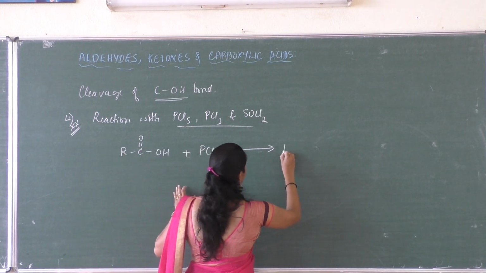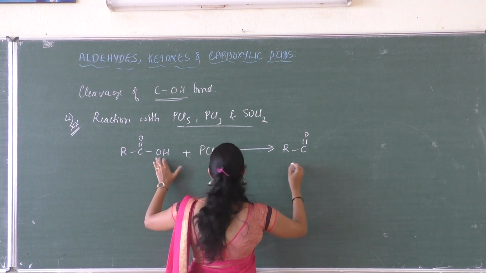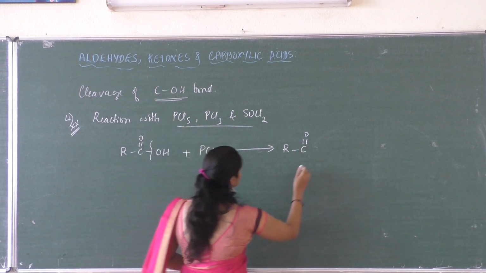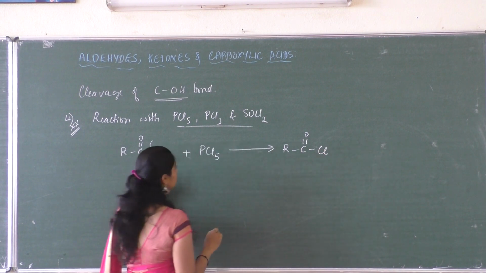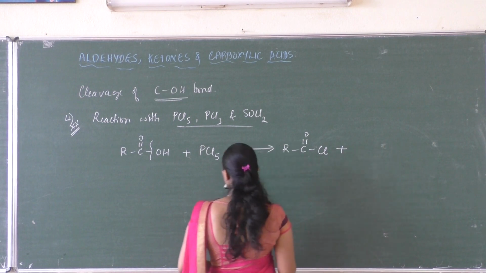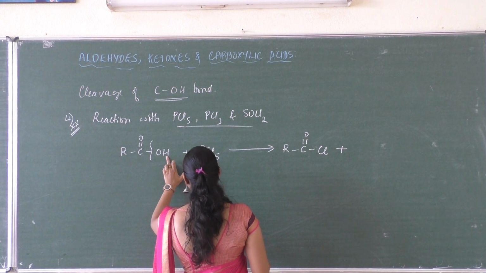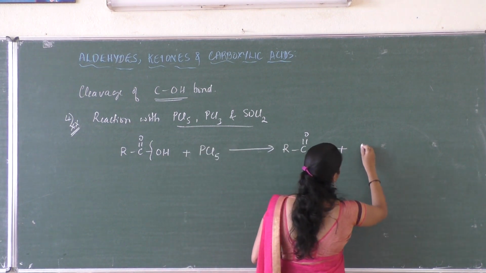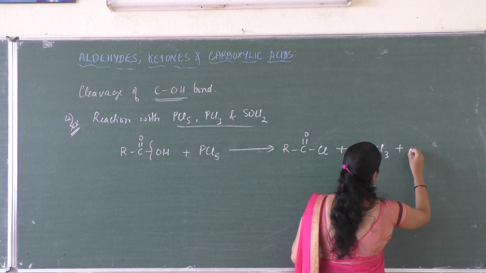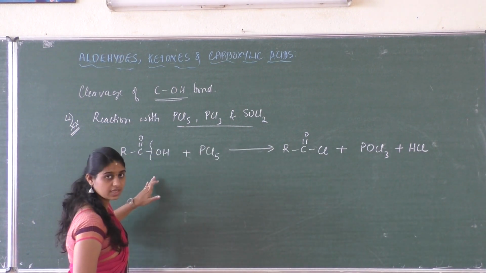So that is RC double bond O, then take out this, so the cleavage of the carbon oxygen bond takes place, and a new bond is formed with Cl. So this is nothing but the acid chloride plus, what else is left out? It is phosphorus, oxygen and hydrogen with the 4 chlorine atoms, so it forms POCl3, phosphoryl chloride, plus HCl. Clear? So you have studied these reactions.